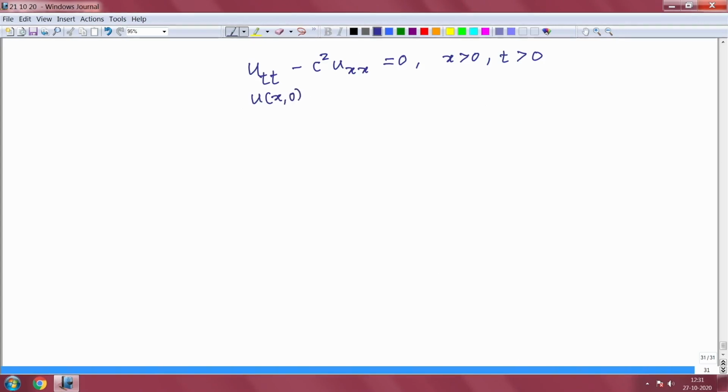Initial conditions, u(x,0) and u_t(x,0) equal u0 and u1, x again on the positive real axis, and now we consider the Neumann boundary condition.